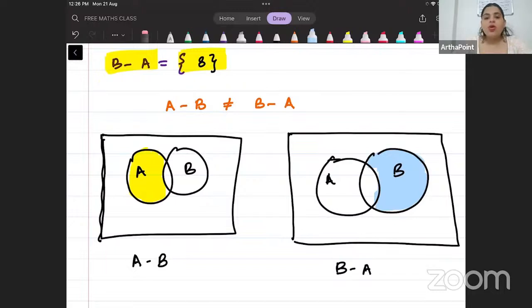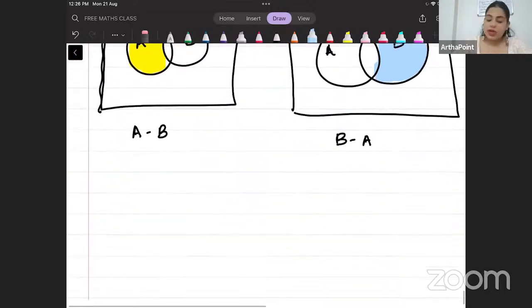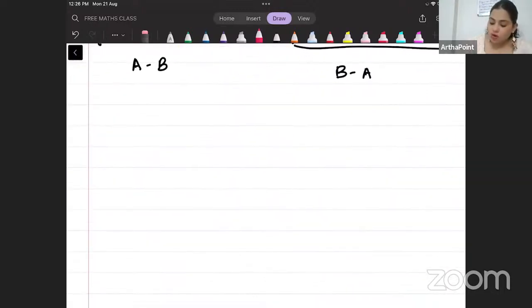Okay. Now, I want to pass a statement, a very difficult statement, and you will tell me if this is true or not. So the statement I want to pass is the following.